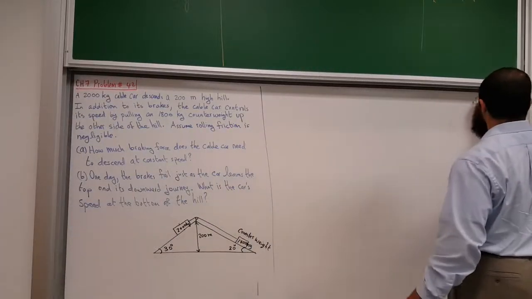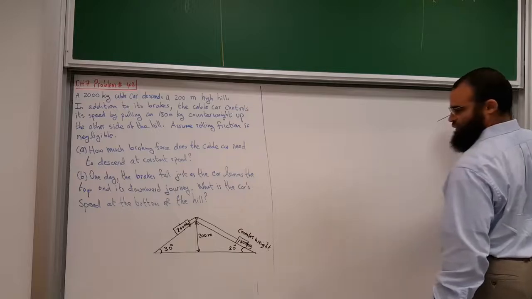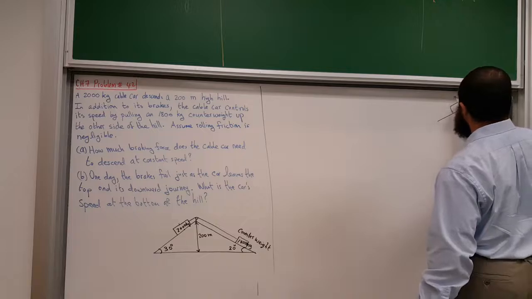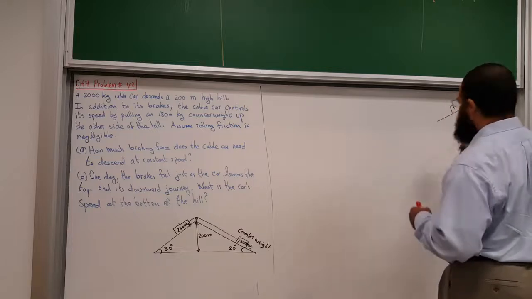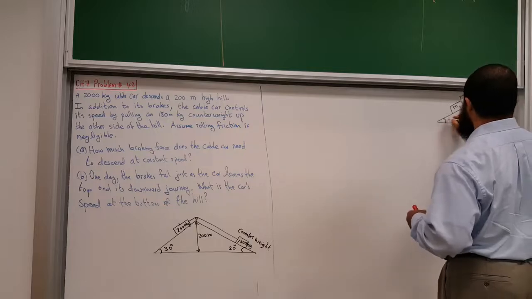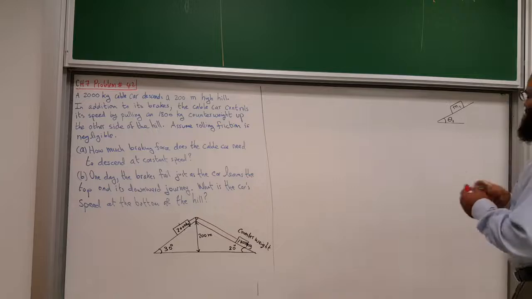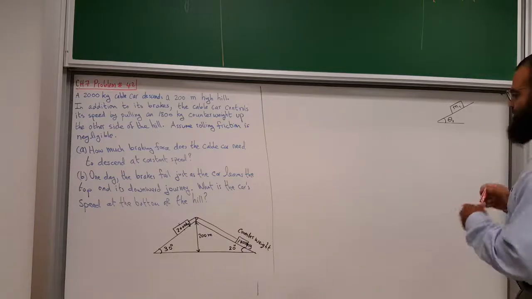So here is the car, and I'm going to call this one M1, and M1 is 2,000 kilograms. And this angle here, I'm going to call theta 1 because I have two angles. And theta 1 is 30 degrees, right? So what are the forces here?